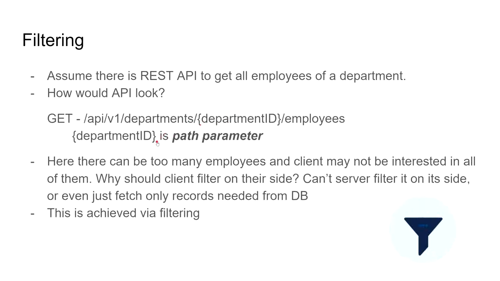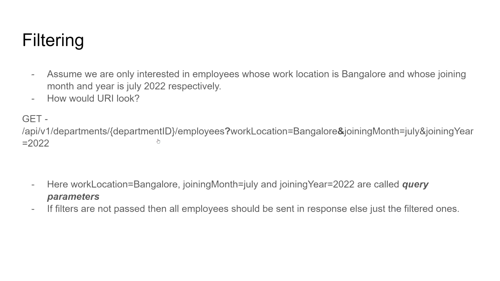So let's say you have many employees in your system and you want some way to filter those employees. Let's say you want employees whose location is Bangalore and whose joining month and year is July 2022, just for example. Since you are fetching, it should be GET, then API v1 departments, all these things would remain the same.